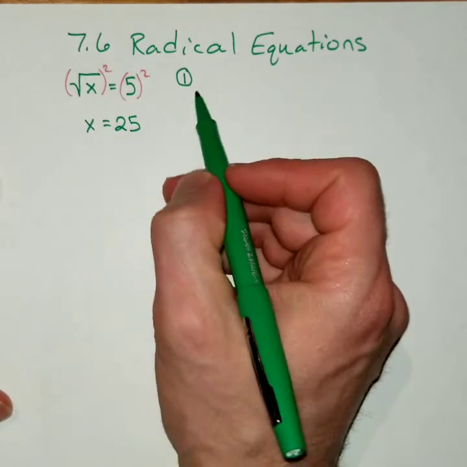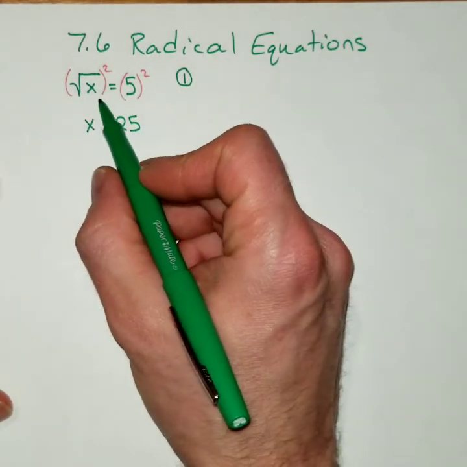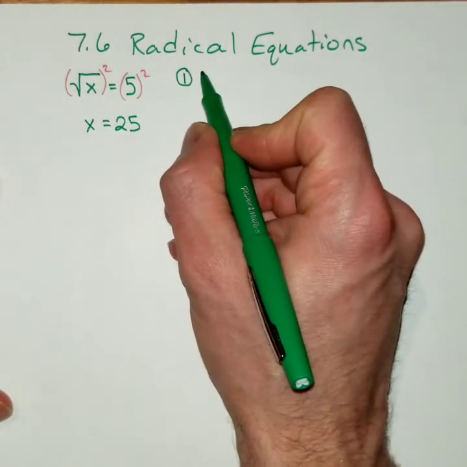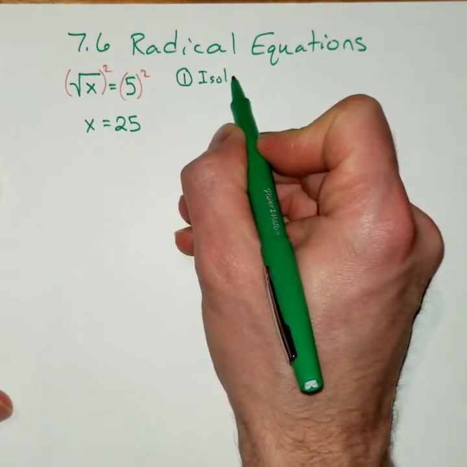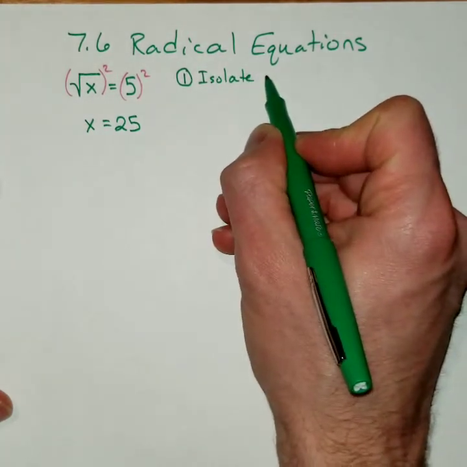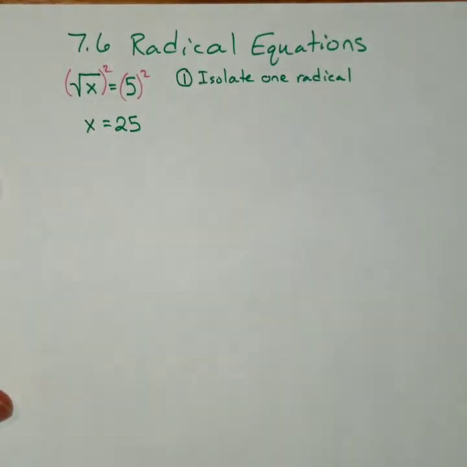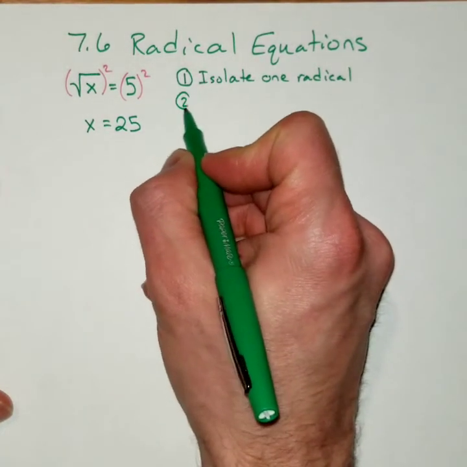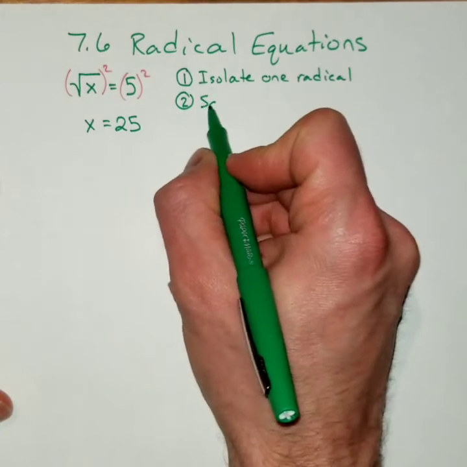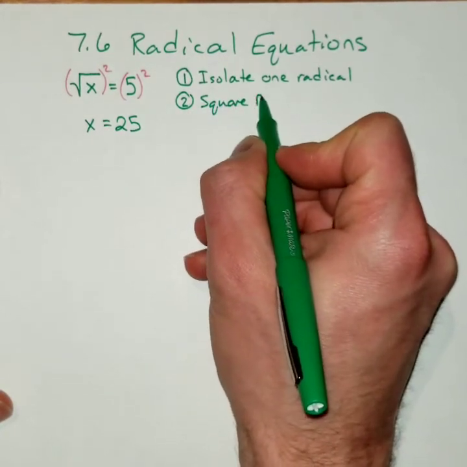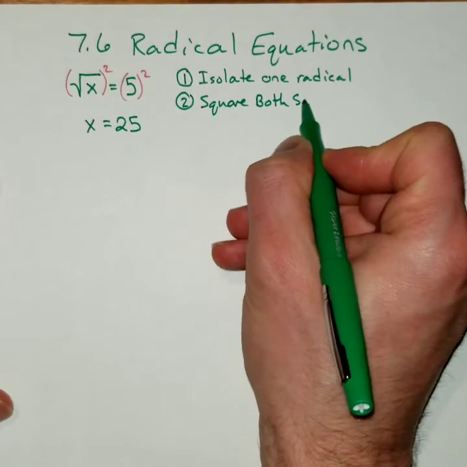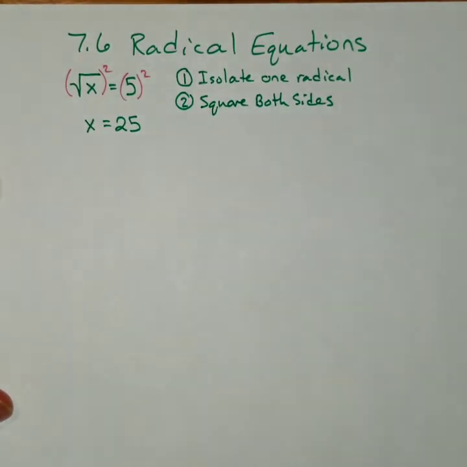I can go through and show you that later, but the main thing is you must isolate one radical. Okay, you have to make sure that one radical is by itself. Alright, then you're going to square both sides. Okay, so that's the key step right there, is to square both sides.